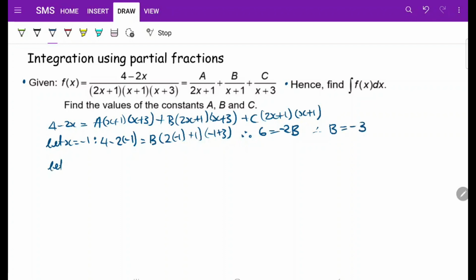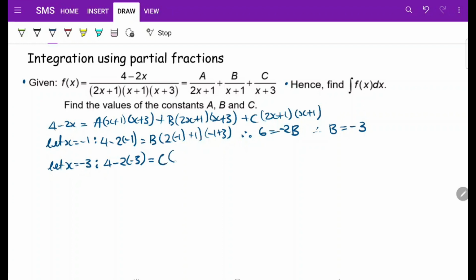We will try then to solve for the next variable by eliminating two more. So we'll use -3. So what we end up having is 4 minus 2 times -3. So what this then gives us is the -3 term eliminates a, and it also eliminates b because they've got x plus 3 there as a factor.